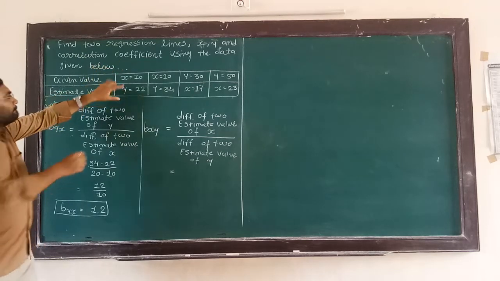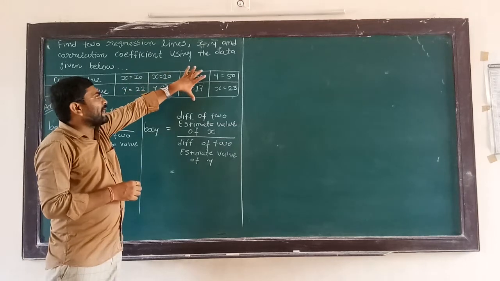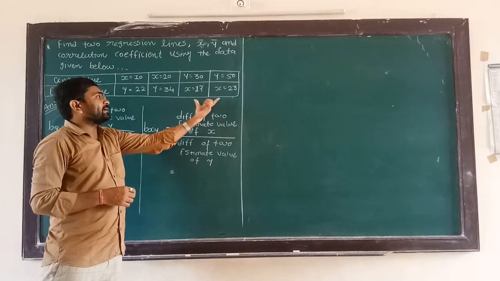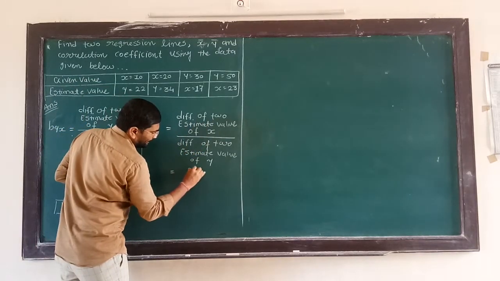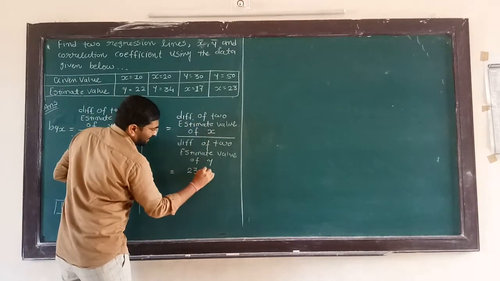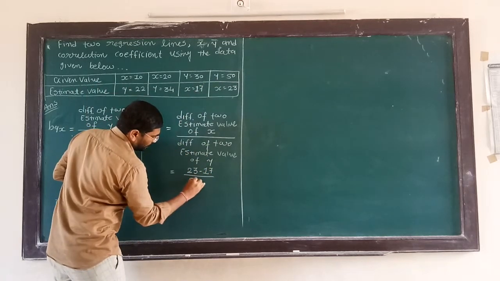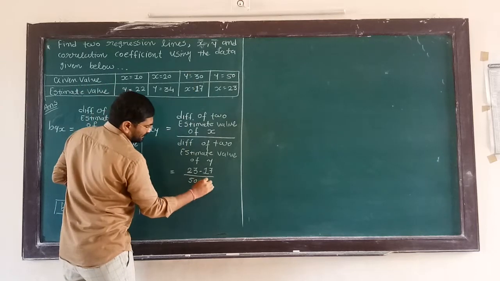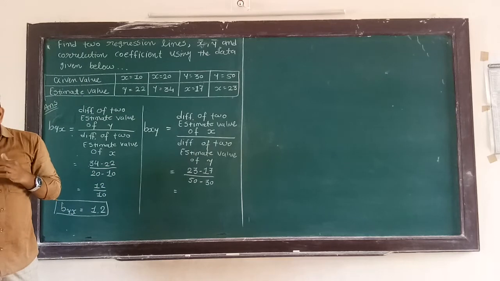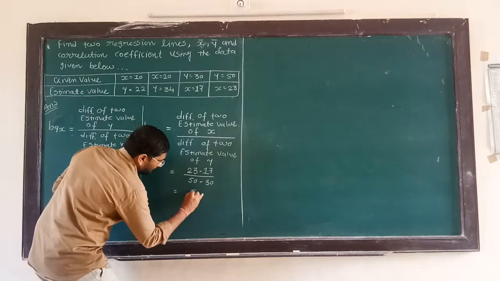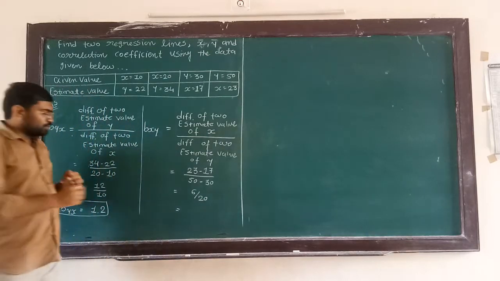First of all we take this value after byx, then the second value. Here first 23 minus 17 upon 50 minus 30. 23 minus 17 is 6 upon 20 is equal to 0.3.